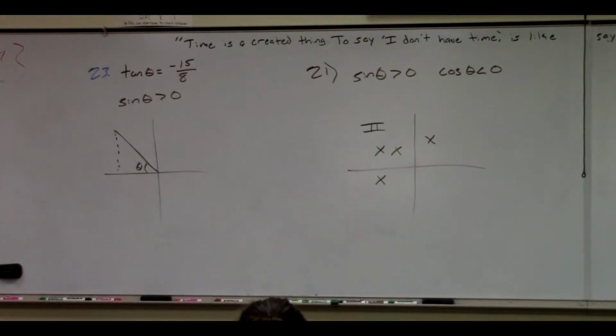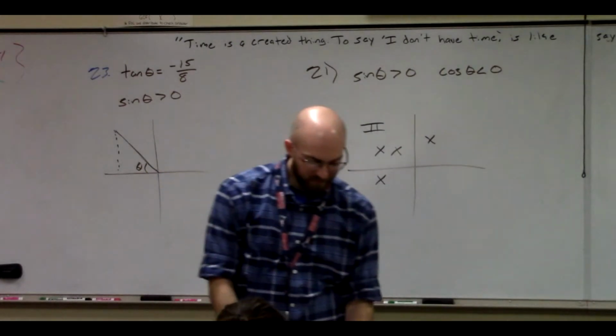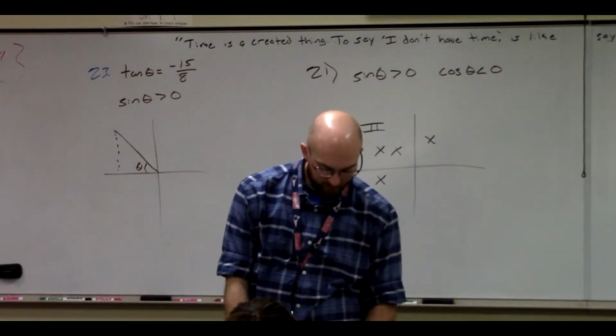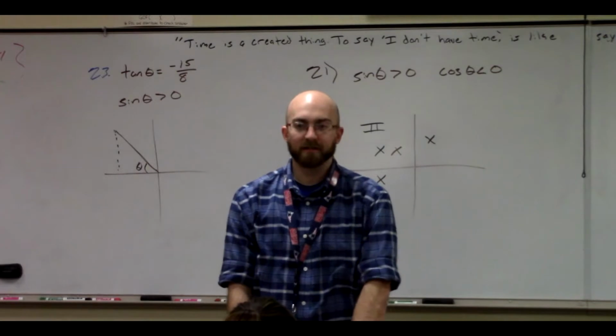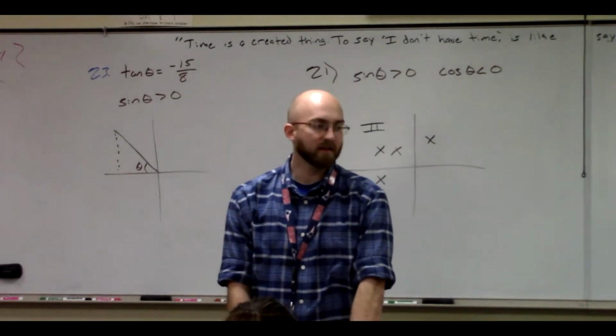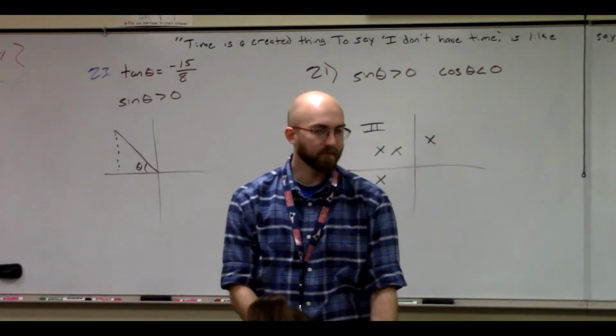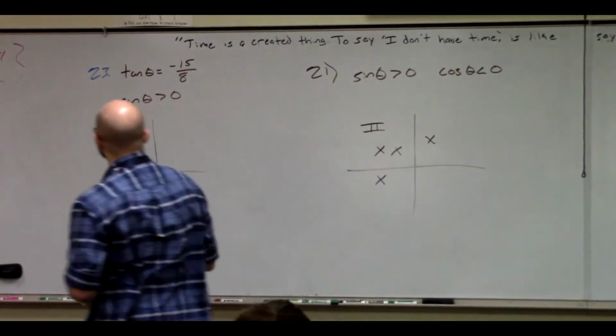Tangent, how can I rewrite that one? Based off that chart that I just had you write down, how can I write tangent in terms of x and y? Y over x, right?